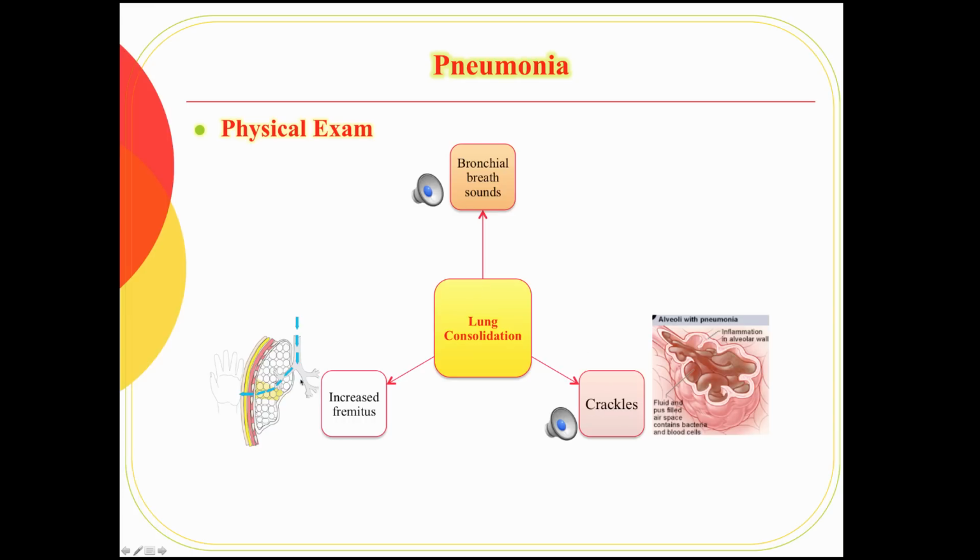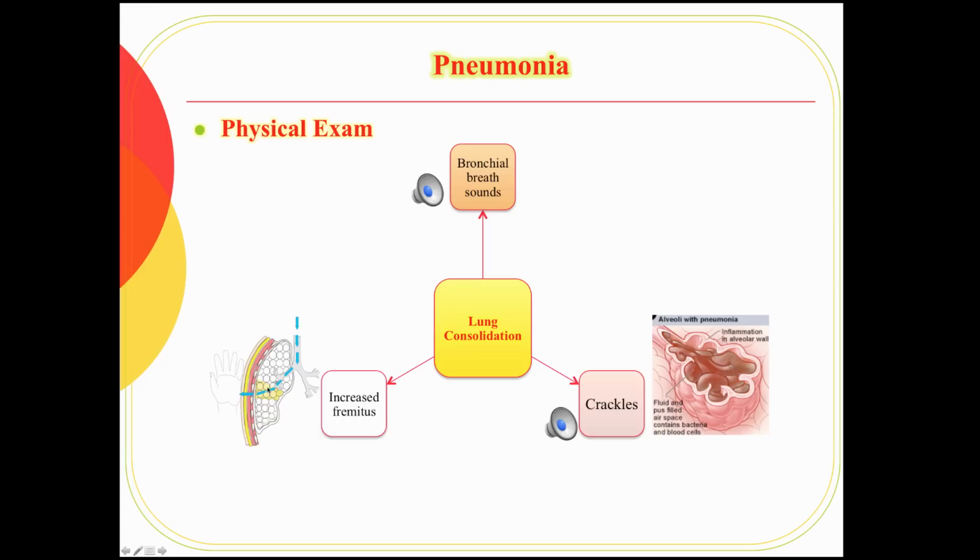And a third classical finding in pneumonia is the increase in fremitus, tactile fremitus. Again, when the voice moves through the trachea or the air, the vibration transmits slower in the air.